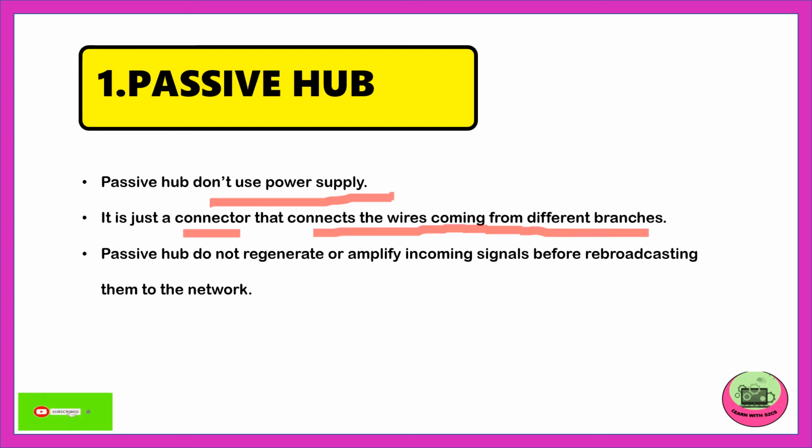Branches means different computers in a network. So it's just a connector that connects the wires from different branches, which I have shown you previously. You can just go back to that and have a view on it. Next, it does not regenerate or amplify incoming signals before rebroadcasting them to the network.